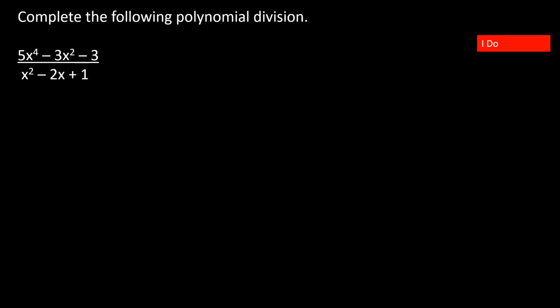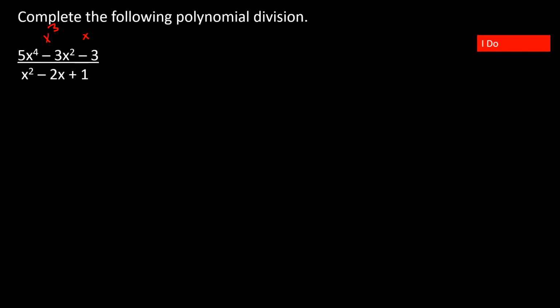For the next one, it says complete the following polynomial division. Okay, so we're going to be doing some polynomial division here. The first thing I want to do is write out this equation that's being divided, right? Well, notice though that I am missing a couple of factors here. I don't see an x cubed, and I don't see an x in there. So you'll recall from that lesson, when we don't see those values, we need to address them with a 0.